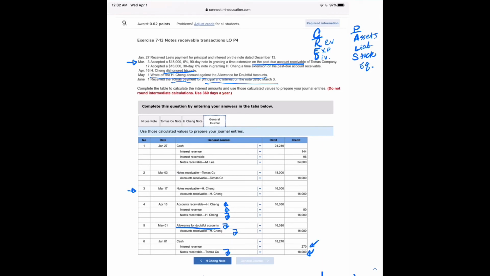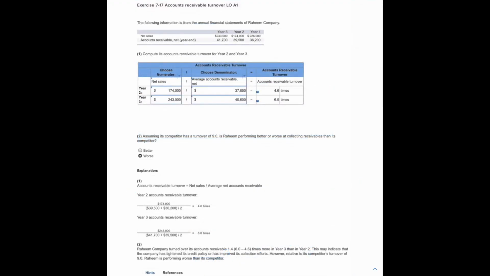And finally, the cash received is just the $18,000 of the actual note plus my $270, which brings me to $18,270 for total cash received. And you see that right there. And that brings us to the end of question number 9. And together with 9 and 8, we have completed this series related to this information. So we'll move on to the next section of the homework.